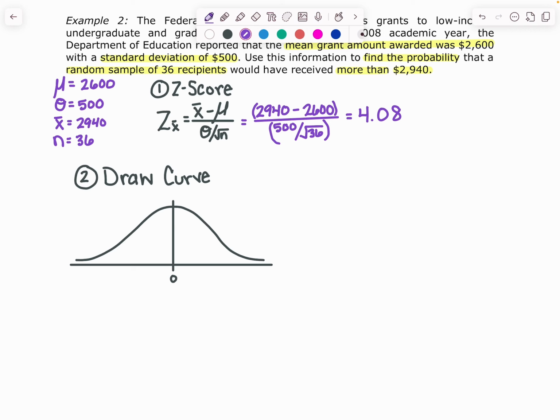So if we picture our curves from before, we would have 1, 2, 3. So we've got to keep going out a little bit further. 4. Here's 4.08.